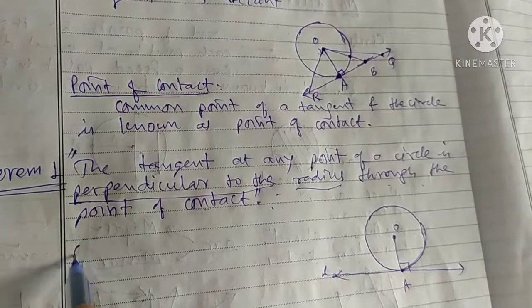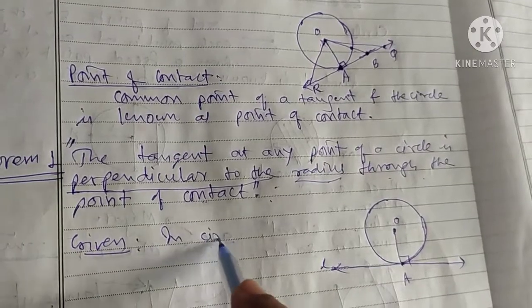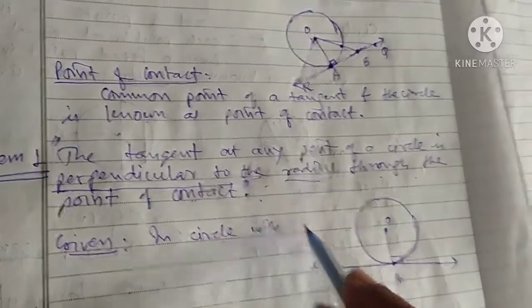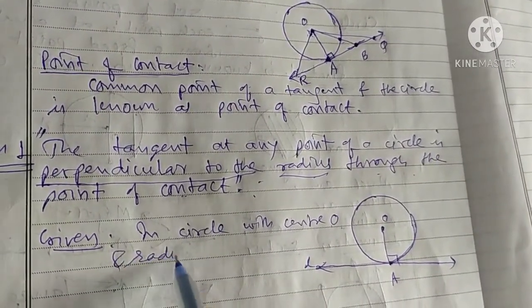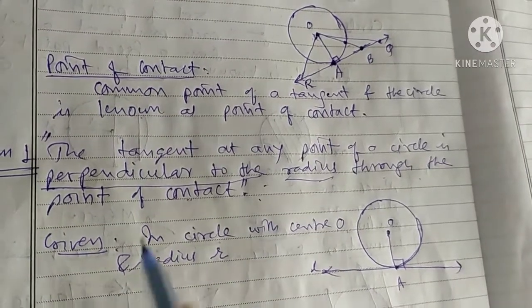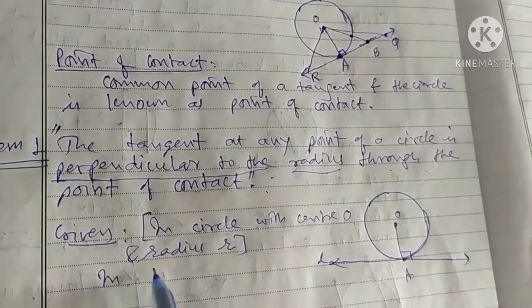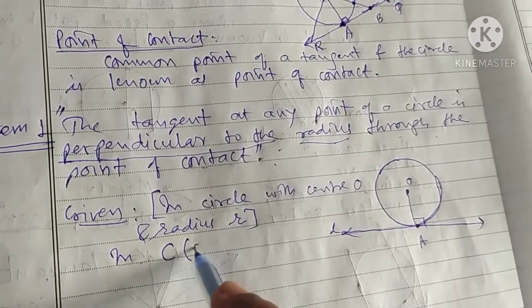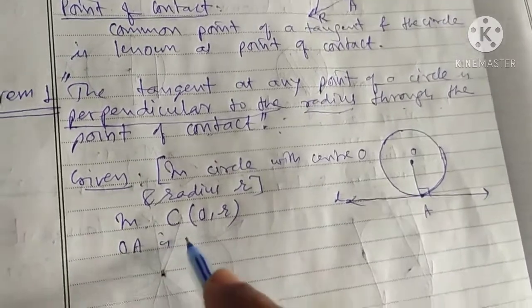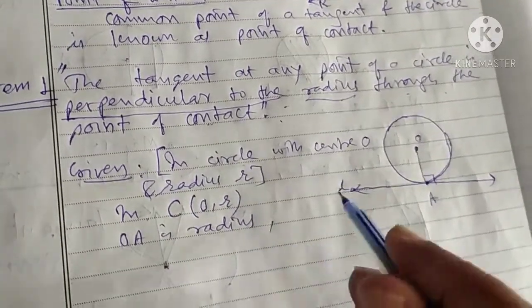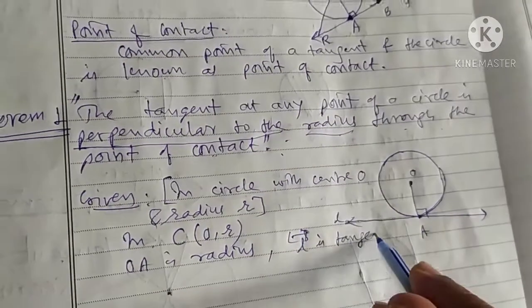Given: in a circle with center O and radius R, OA is the radius, line L is the tangent.